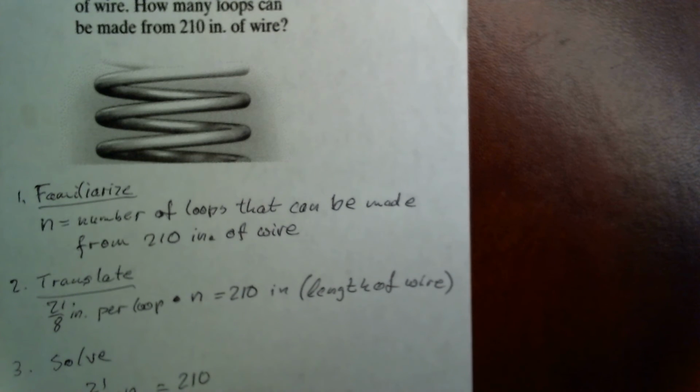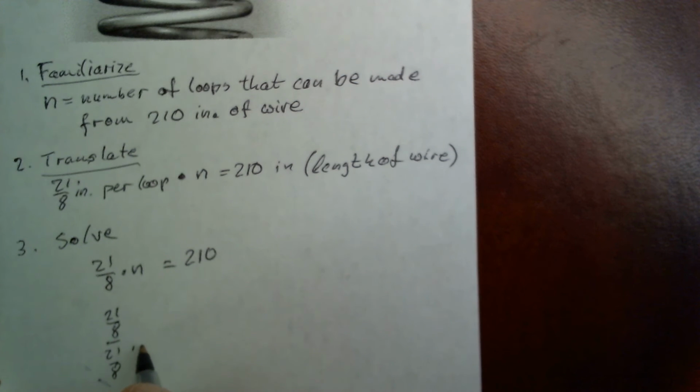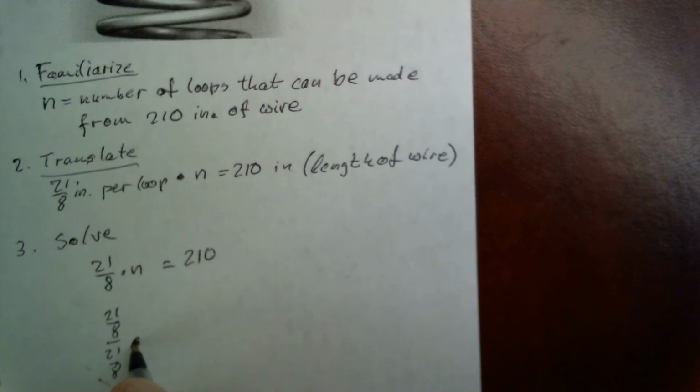So 21 eighths divided by 21 eighths times n equals 210 divided by 21 eighths. So on the left side now we've isolated n, and on the right side we have 210 divided by 21 eighths. We multiply by 8 divided by 21.